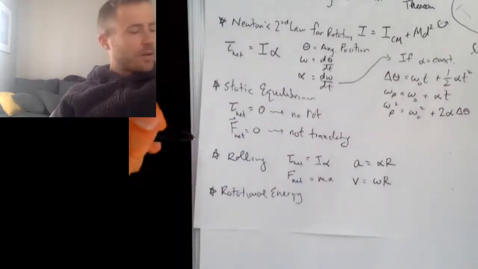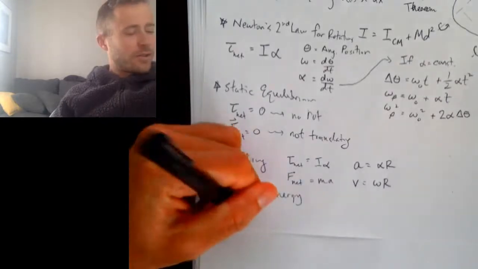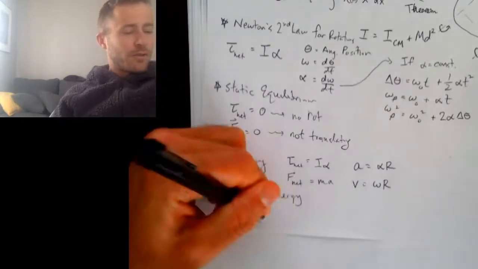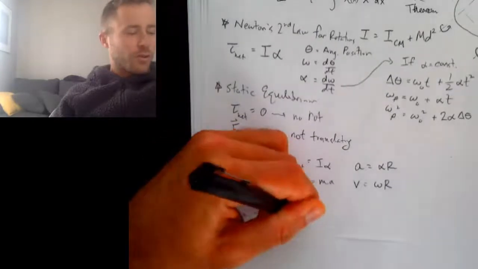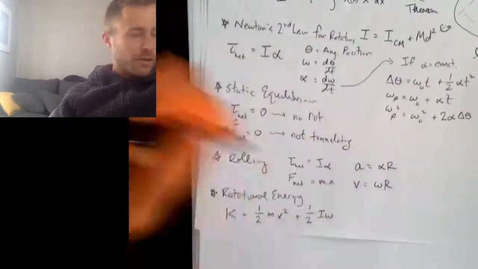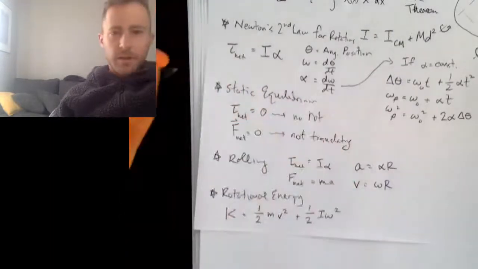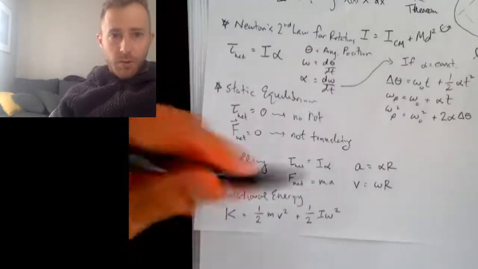Okay. So your total amount of kinetic energy is equal to your translational kinetic energy plus your rotational kinetic energy. Now, you might have one or both of these two things.